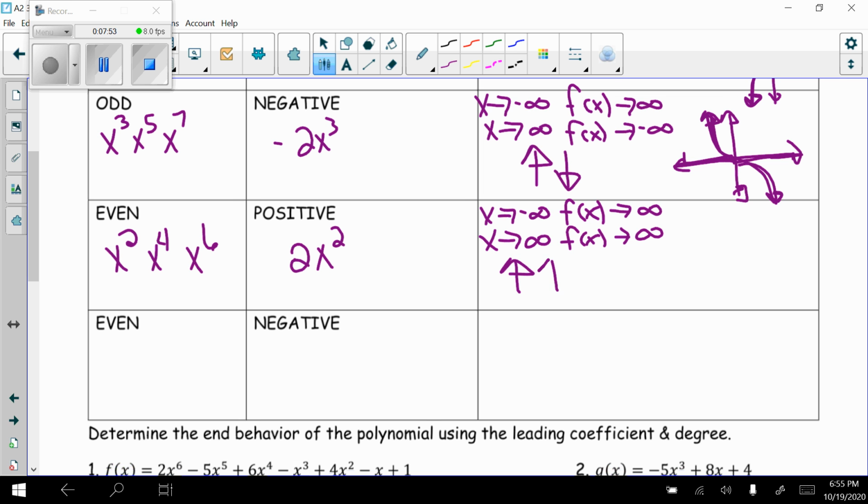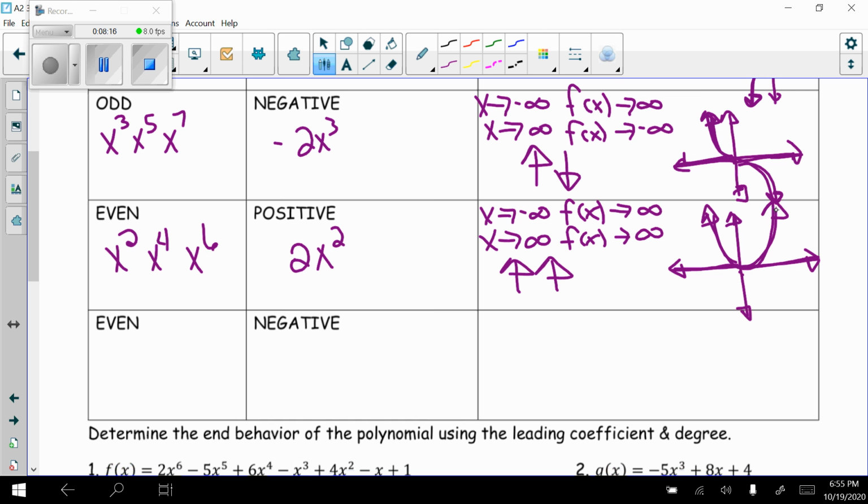This is just a fancy way of saying up, up. So this is like y equals x squared, right? We know a parabola, if it's a positive number, it's a parabola that opens up. So as my x's are getting smaller, my y's are getting bigger. As my x's are getting bigger, my y's are also getting bigger.